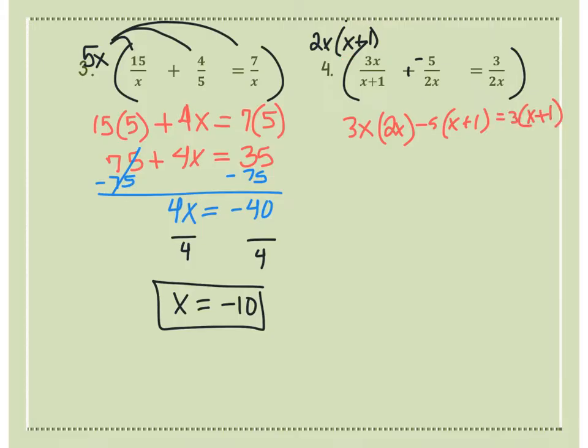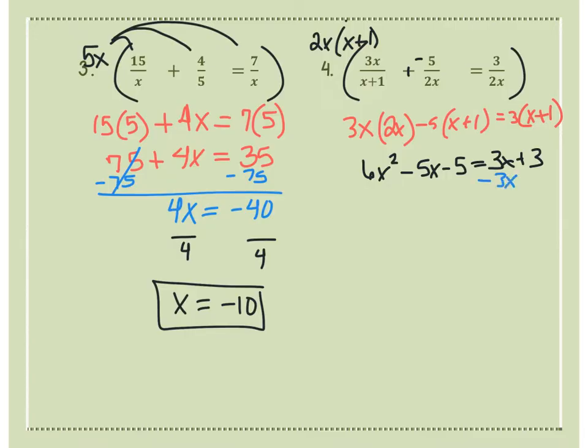Let's go ahead and distribute. 3x times 2x is going to be 6x squared. Minus 5x minus 5 is equal to 3x plus 3. Combine like terms, move everything to one side.